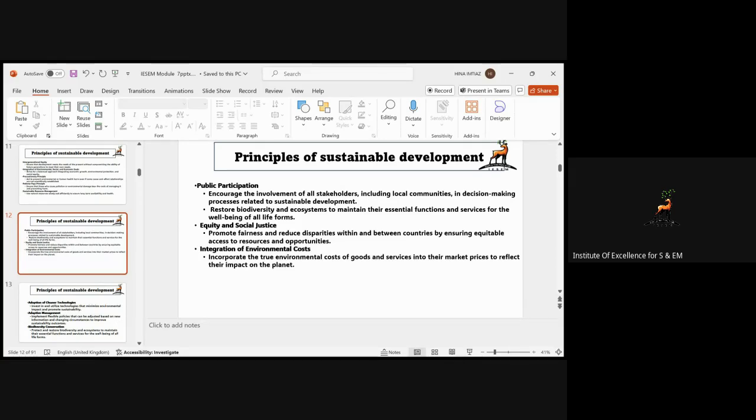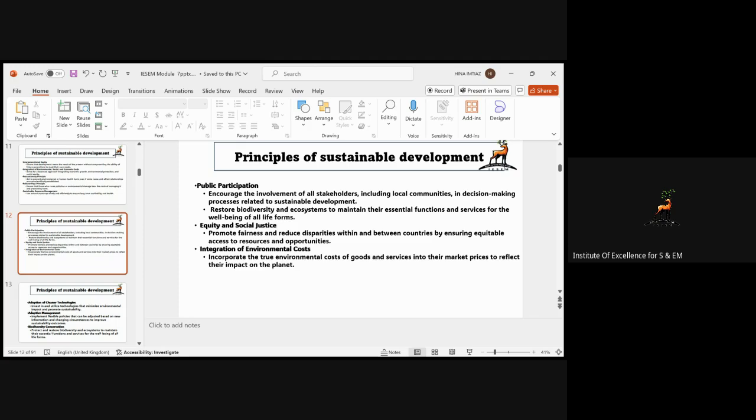And we have to ensure transparent processes. We have to ensure equality and social justice. So we have to promote fairness and reduce disparities within and between countries by ensuring equal access to resources and opportunities. Because developing countries are always in bad conditions, and the developed countries are at the top of the list in producing greenhouse gases.